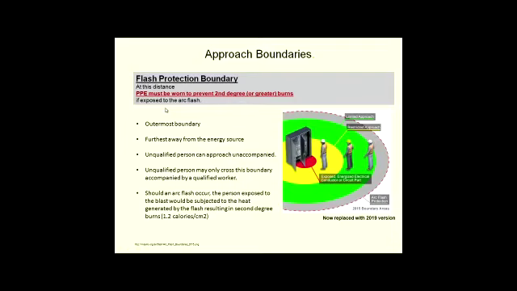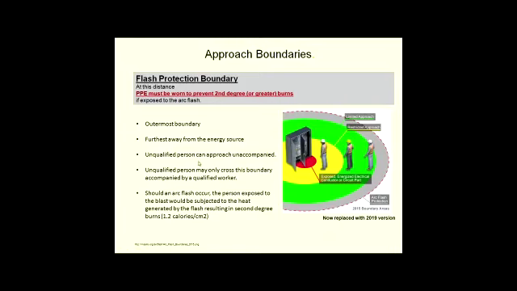If you're standing in the gray boundary from the 2015 rating without PPE and there was an arc flash, you most likely would end up with second-degree burns. This is the outermost boundary, furthest away from the energy source.